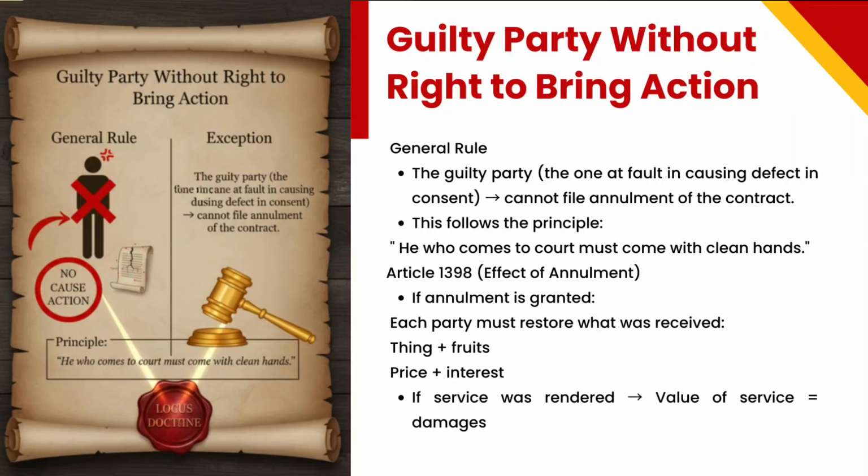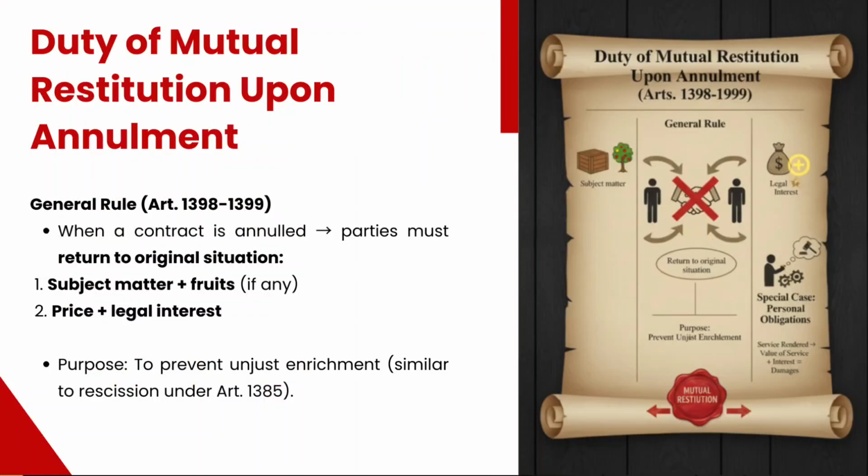the subject matter of the contract, with their fruits, and the price with its interest, except in cases provided by law. In obligations to render service, the value thereof shall be the basis for damages. Duty of mutual restitution upon annulment. 1. If the contract is annulled, the parties, as a general rule, must restore to each other the subject matter of the contract with its fruits.